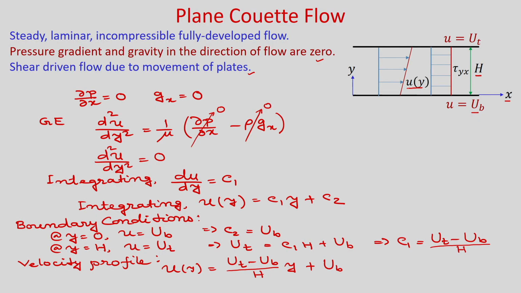So, this is your variation of velocity as a function of y, and shear stress will be constant. Now, we will consider 4 different cases. In the first case, we will consider that the bottom plate is stationary and the upper plate is moving with a constant velocity u.